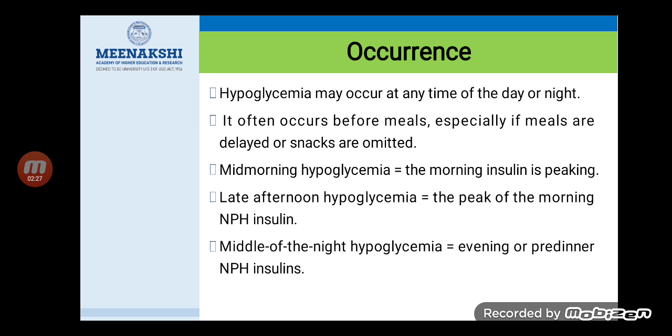Late afternoon hypoglycemia occurs during the peak of the morning NPH insulin, when that insulin dosage reaches the highest level in the blood, it can suddenly drop the blood glucose values. Middle of the night hypoglycemia is usually associated with NPH insulin, which can occur either in the evening or the pre-dinner time.